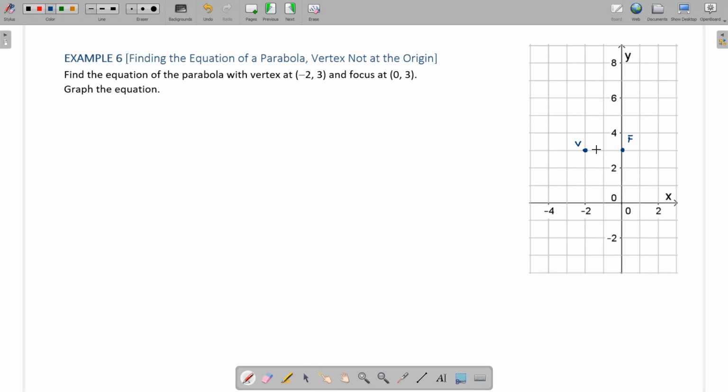Okay, so the distance here between them is the a value, so we immediately know a is 2. And we could also draw in the directrix. The vertex is the midpoint between the focus and the directrix. So the directrix has to be back here. Let's try that again.